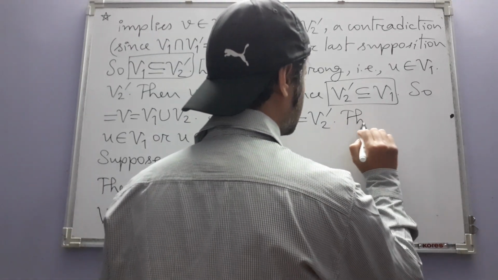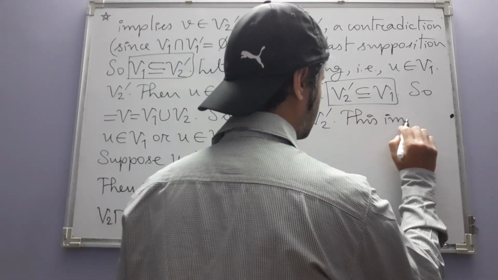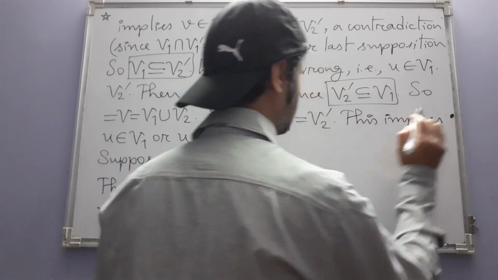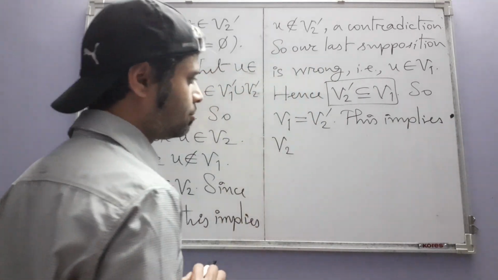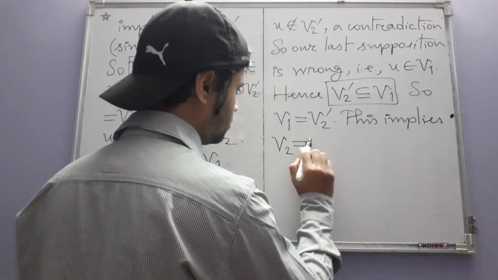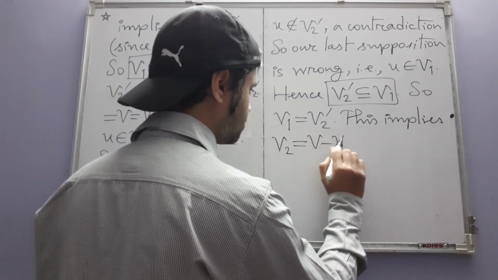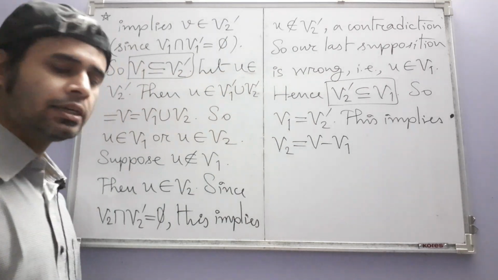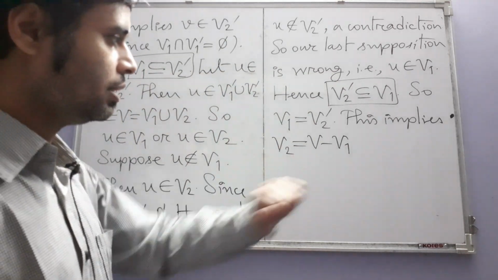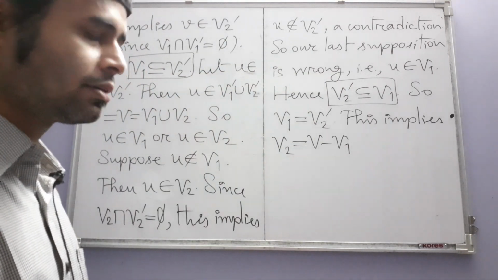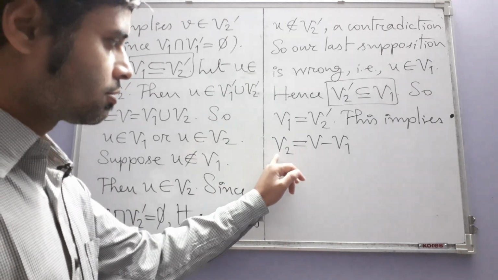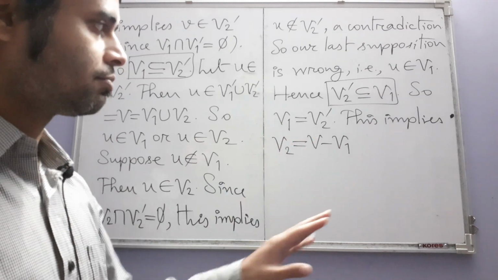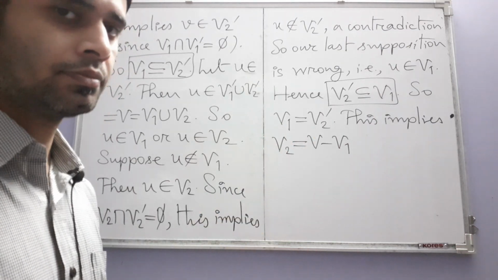This implies V2, which is V minus V1. Why is V2 V minus V1? That is because V1 and V2 form a partition of V. So the complement of each one of them is the other one. That's just it.